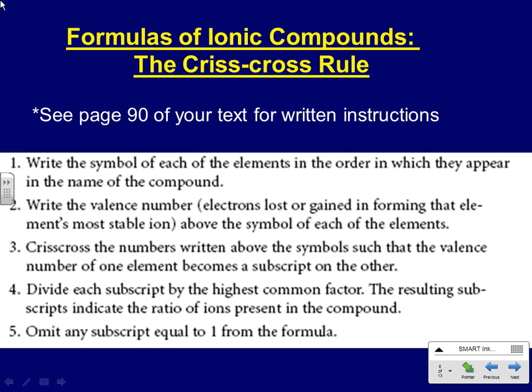So this is not new. I always called it the crossover rule. The teacher that made this PowerPoint called it the crisscross rule. Whatever you want to call it, it doesn't matter. Again, see page 90 if you ever want to make reference to that. But it's pretty straightforward. I'm hoping you guys have seen this.